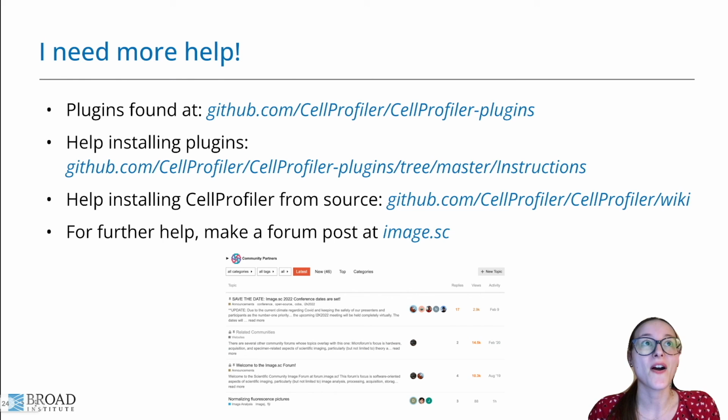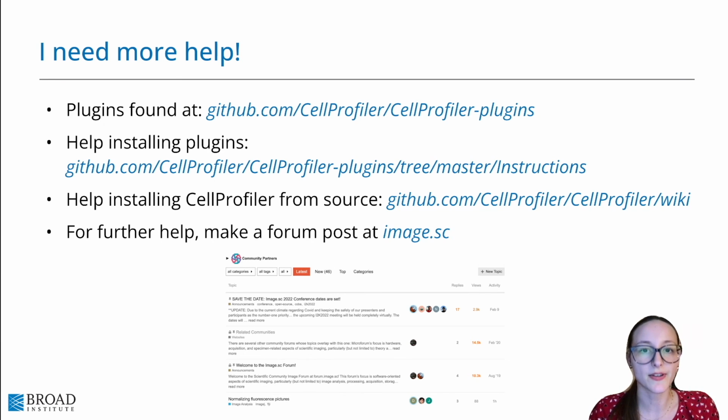Let's say you need more help than this. Definitely check out our GitHub repos for information on the plugins and to download them. If you need help installing plugins, we have instructions. This is within the same GitHub repo in an instructions folder or accessible via this link. If you need help installing CellProfiler from source, we have a wiki entry at the CellProfiler wiki that provides instructions for each operating system.